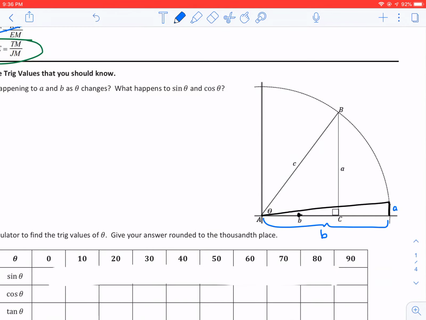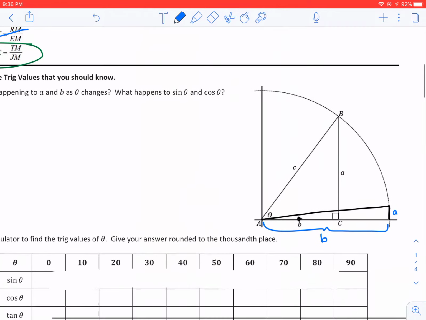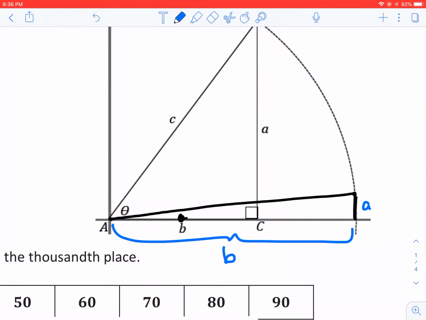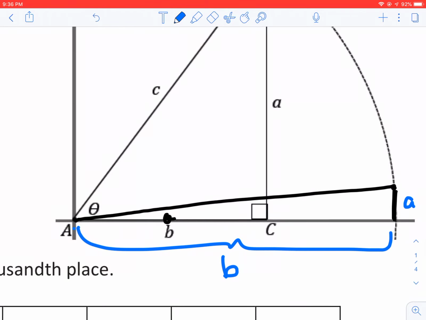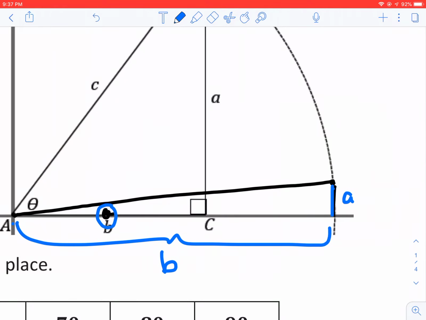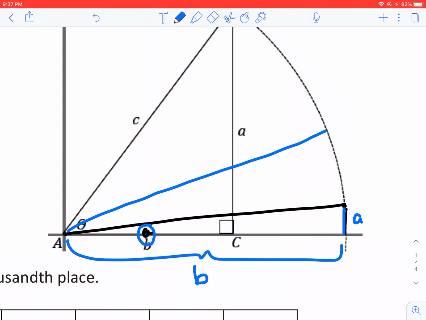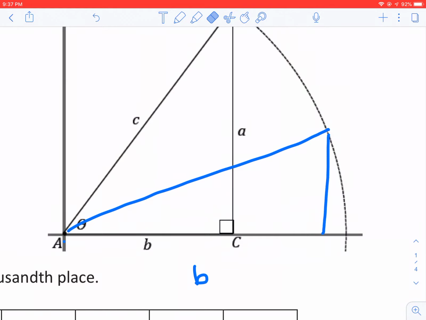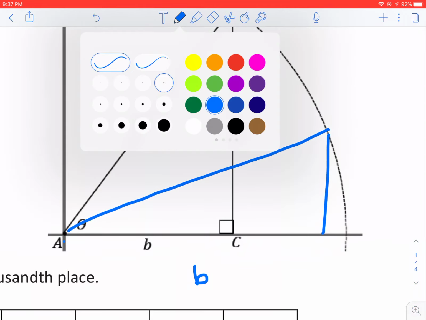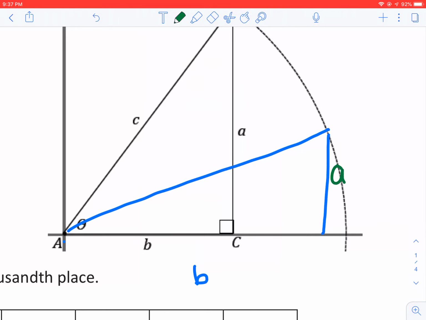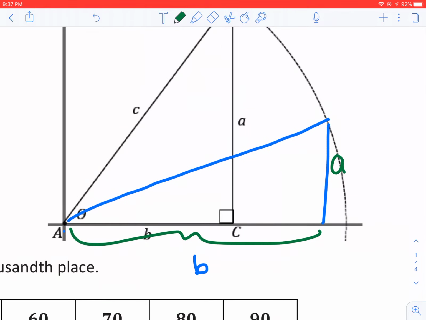So right now, when theta is very small, this value of A is also very small, and this value of B is quite big in comparison. As I increase theta, you'll notice this height of the right triangle is increasing, and that height is going to correspond to the value of A. And this distance of B, that's decreasing.